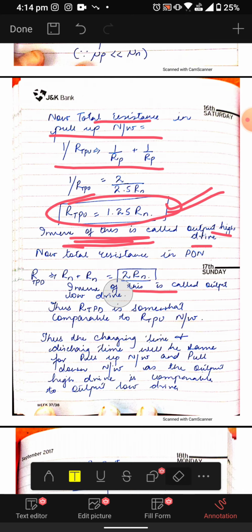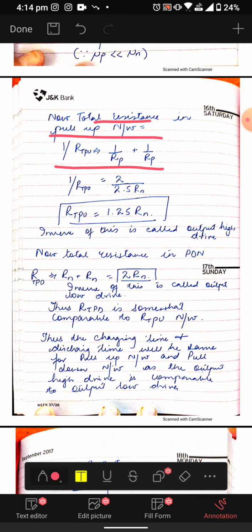Let me repeat it. The inverse of the total resistance of the pull-up network is called output high drive, and the inverse of the total resistance of the pull-down network is called output low drive.